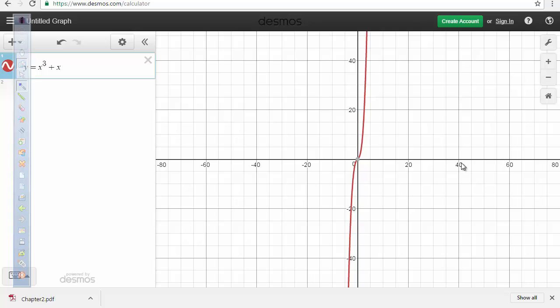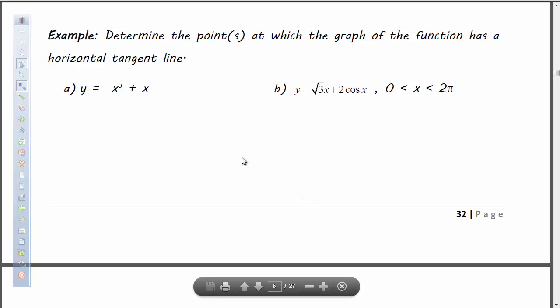And so you see there are no places where we would have a horizontal tangent line. Do you see that? If we had a horizontal tangent line, we'd have a maximum or a minimum value, and we don't have that here. Of course, in our next example, we will. At least I think we will.